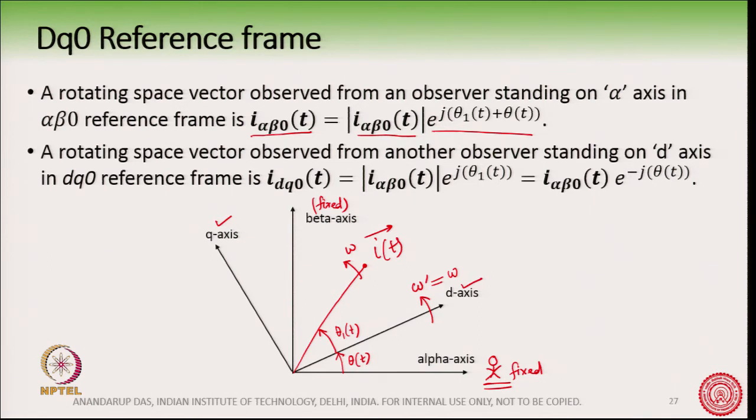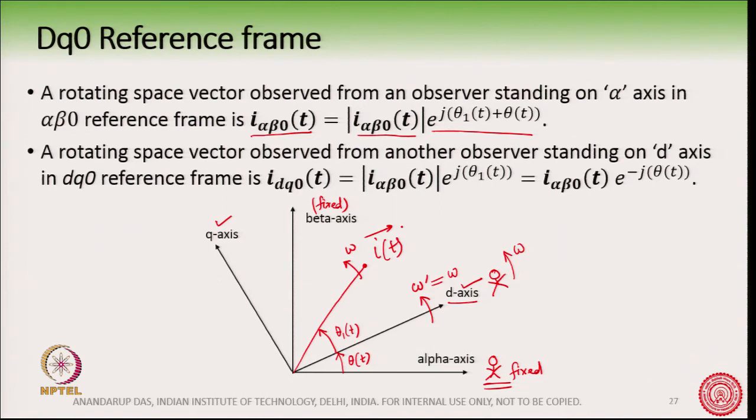Now, if you are on the d axis, suppose you are an observer here, you are moving at omega speed. You are also moving and the space vector is also moving.